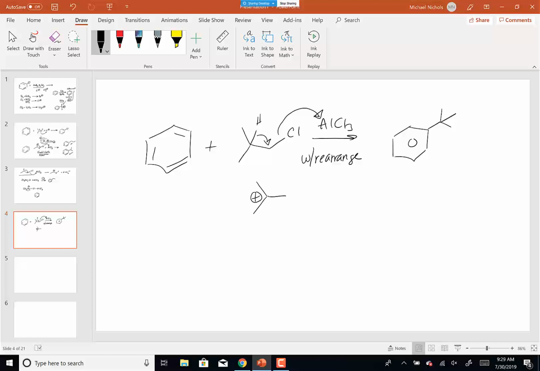So this is one that actually does occur, and I can attest that it did occur. Not all the time are we sure that they would occur. That's why on paper I kind of have to tell you. But this one does. If you do this reaction, you only get tert-butylbenzene.